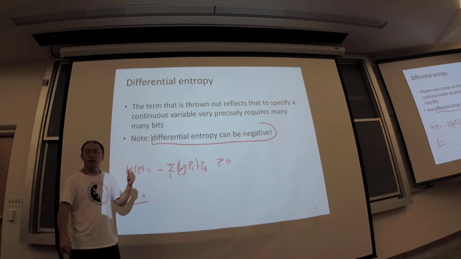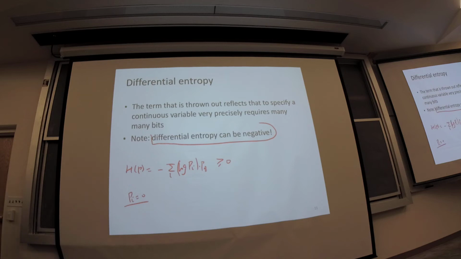When p_i equals 0, your term becomes 0 times log 0, which is meaningless and ill-posed. But we can replace it with a limit: the limit when x approaches 0 of x logarithm of x.